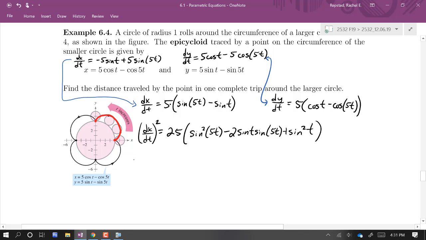Going to do the same thing with dy/dt. 25, and then foiling that out, cosine squared t minus 2 cosine t cosine 5t plus cosine squared 5t.